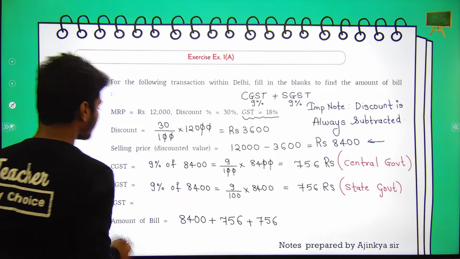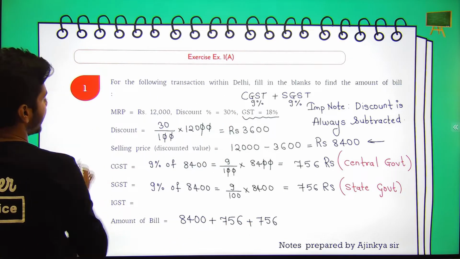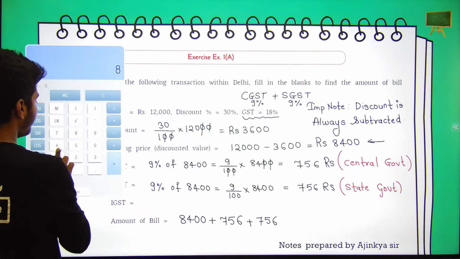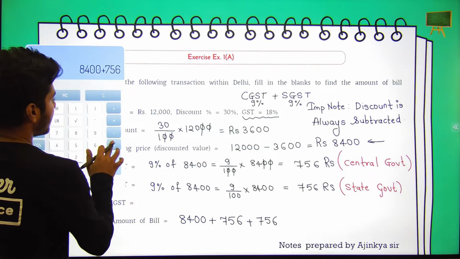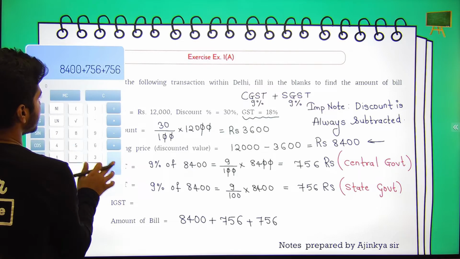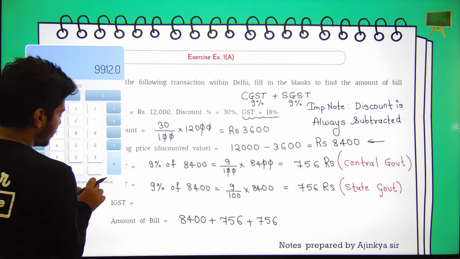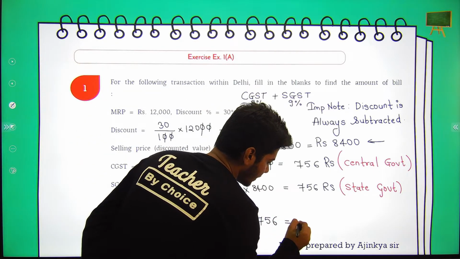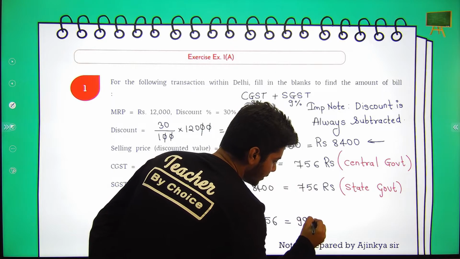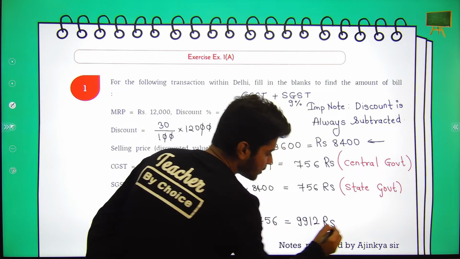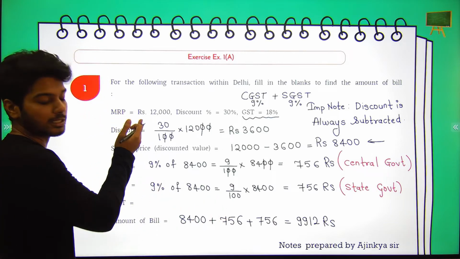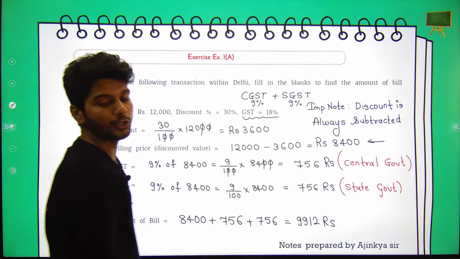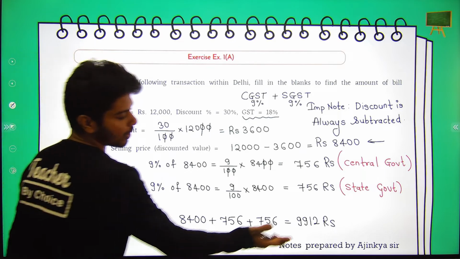I'm doing it on the calculator so that it won't waste your time. 8400 plus 756 plus 756. So 9912 is coming out. So the bill you have to pay for buying that washing machine is 9912 rupees. That would be your amount on the bill.